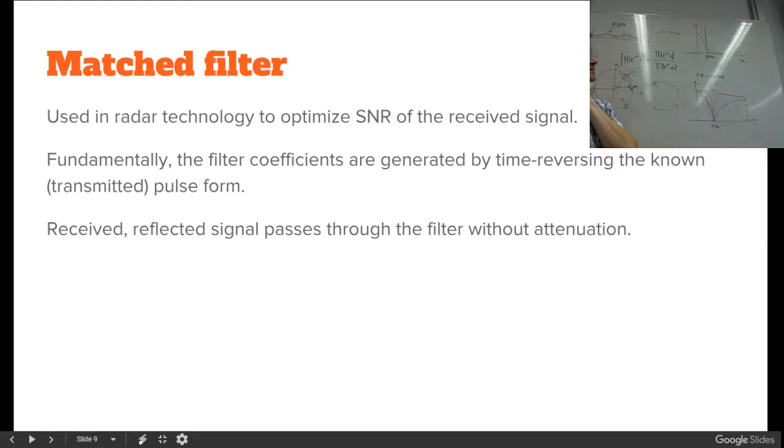Okay, another special kind of filter, the matched filter. How to match the outgoing signal shape with the incoming signal shape. Matched filters are widely used, especially in radar technology. You do not have exact control of that radio wave pulse you are sending, but you can measure it.